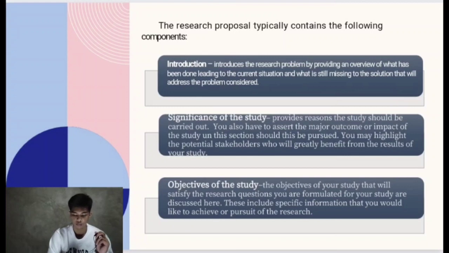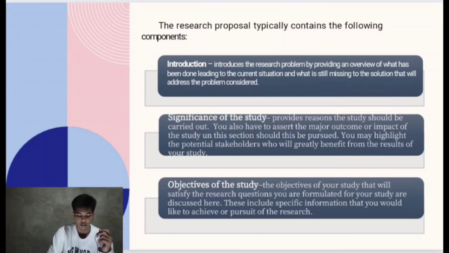So this includes specific information that you would like to achieve or pursuit of the research. So these objectives provide a clear direction and purpose for the study, guiding the research design, data collection, and analysis. So when formulating the objectives of your research study, take time to reflect on the specific aims and outcomes that you want to achieve.